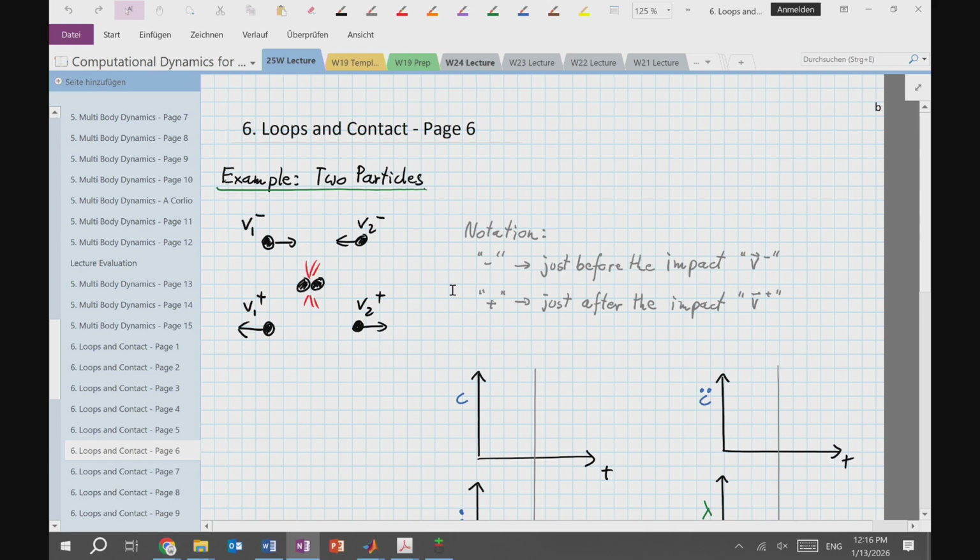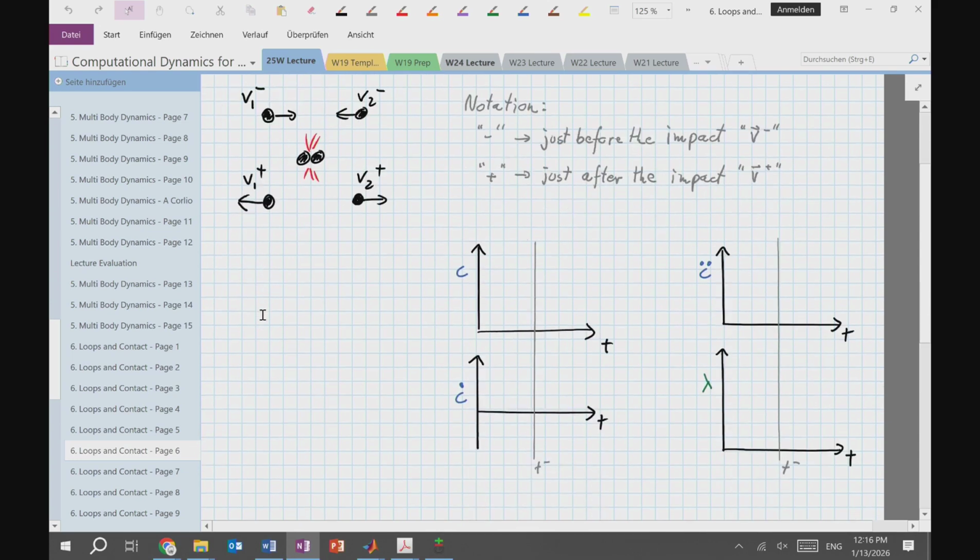And that difference between these two things will ultimately go towards 0. And I will use this minus and plus convention for every other variable as well. So here I'm saying v minus is the velocity before the collision, v plus the velocity after the collision.